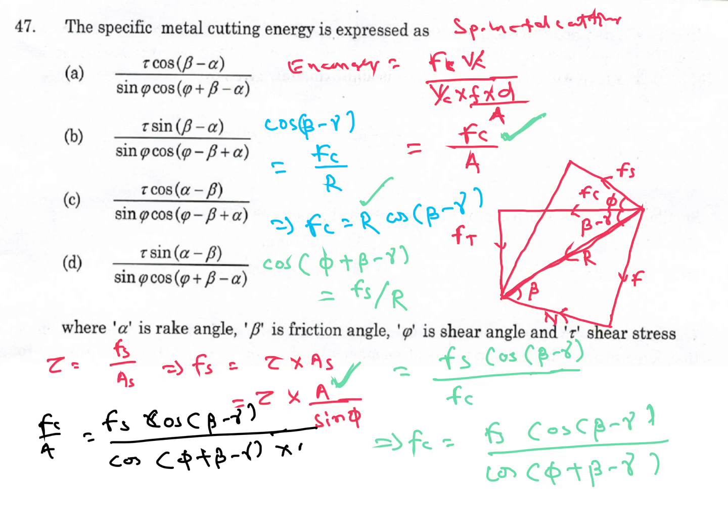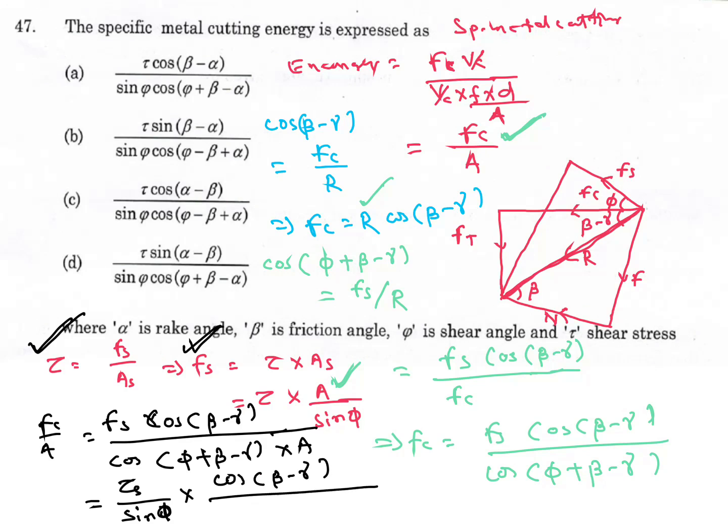Then Fs by A equal to tau by sin phi, Fs by A equal to shear stress divided by sin phi. You can write shear stress divided by sin phi into cos beta minus gamma divided by cos phi plus beta minus gamma.